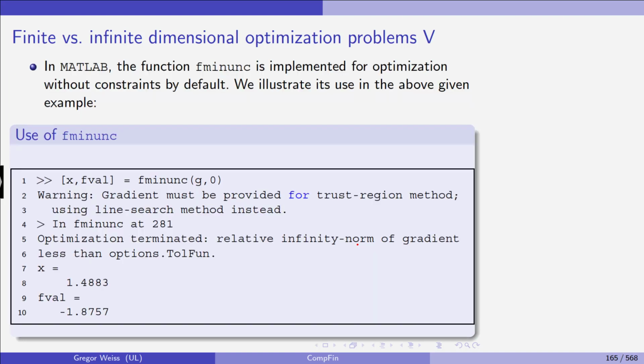Now let's first use the function fminunc, which is function minimization unconstrained, no constraints, keine Nebenbedingung. Let's illustrate this in MATLAB. So x, fval equals fminunc, let's use the function g, and let's start at 0. We get a warning, and as a solution we get x equals 1.4883, and the function value is minus 1.87.